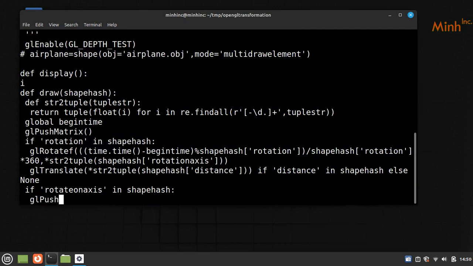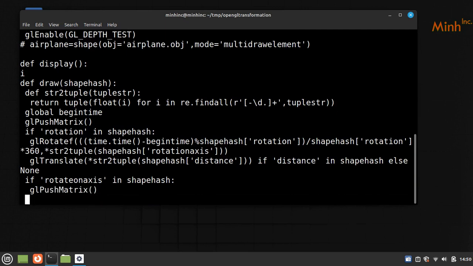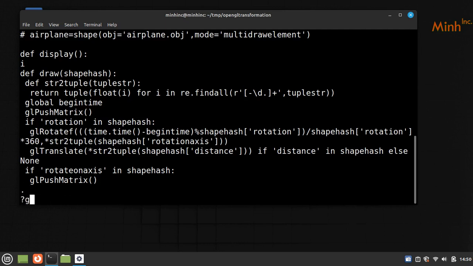GL push matrix, GL rotate. Okay, so we can just copy what we have done. GL rotate.